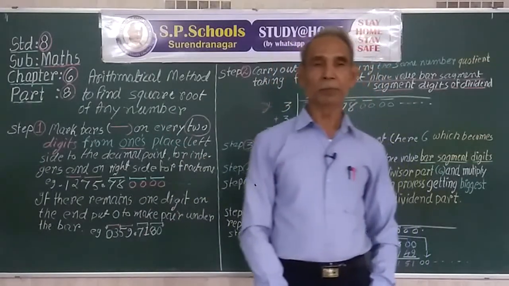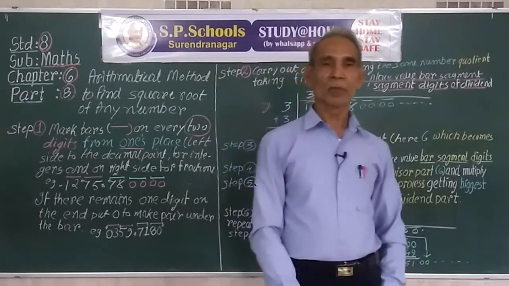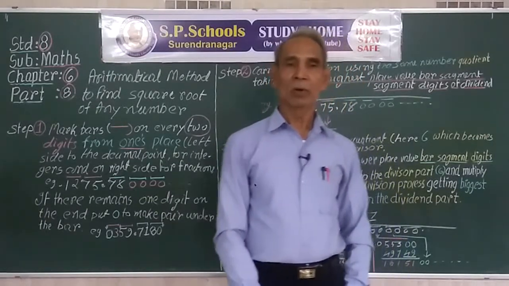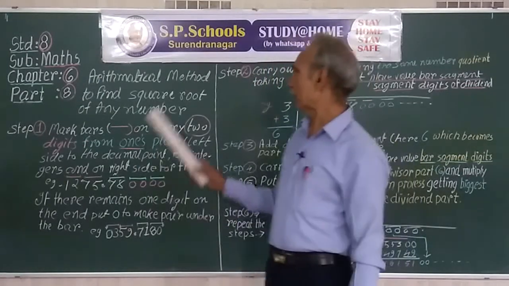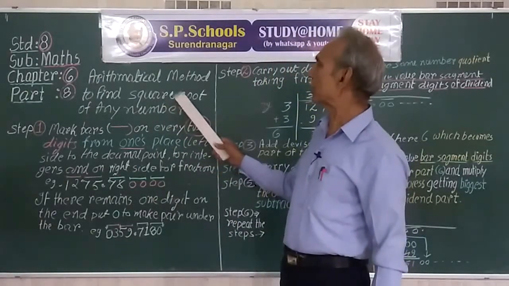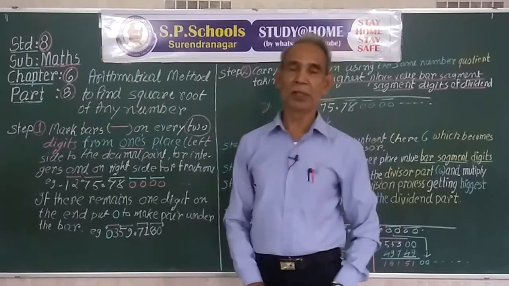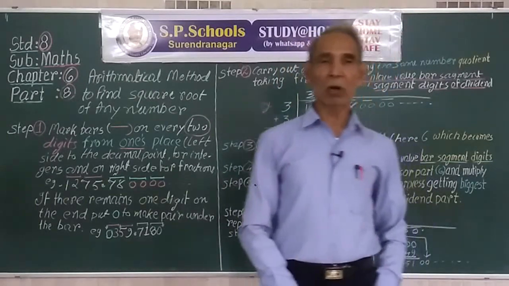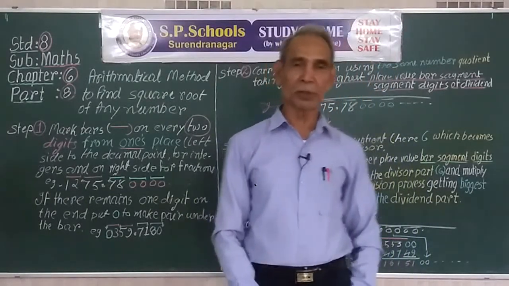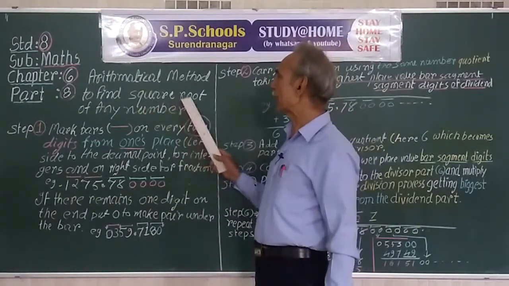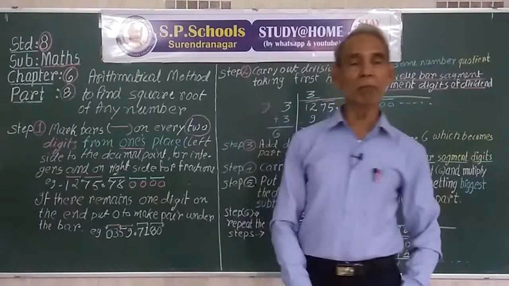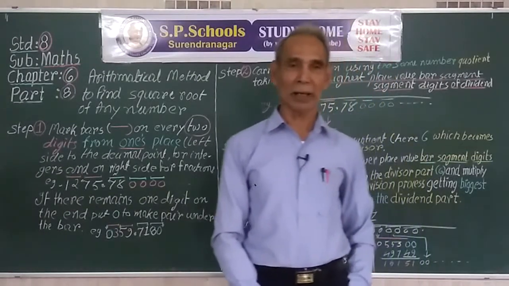a natural root of an integer. We are dealing with positive numbers and we take roots also as positive roots. So we get a positive integral number as the square root if the number given is a perfect square.